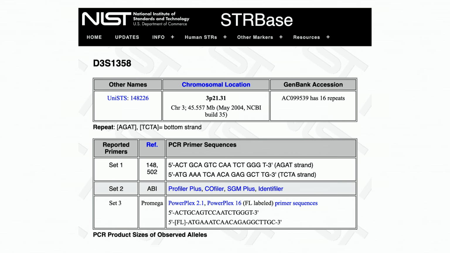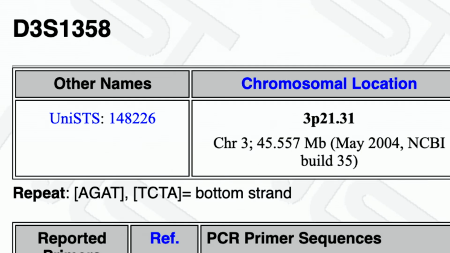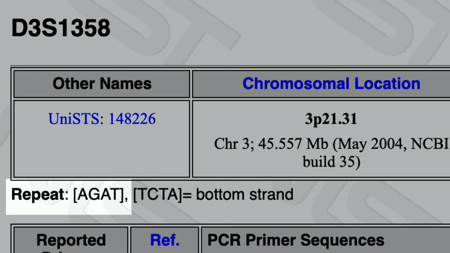If we take a sample of DNA and count up for each of the STRs how many times they repeat consecutively, and it matches some existing piece of DNA in a DNA database, for example, then it's pretty likely that those 2 pieces of DNA came from the same person. And in fact, the very DNA sequence that we were looking at earlier, AGAT, is actually one of the STRs that the FBI uses in its own DNA database.